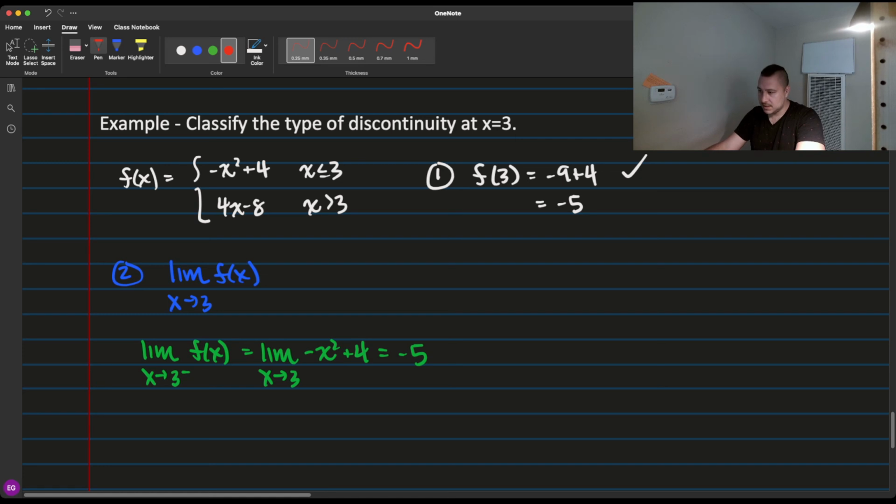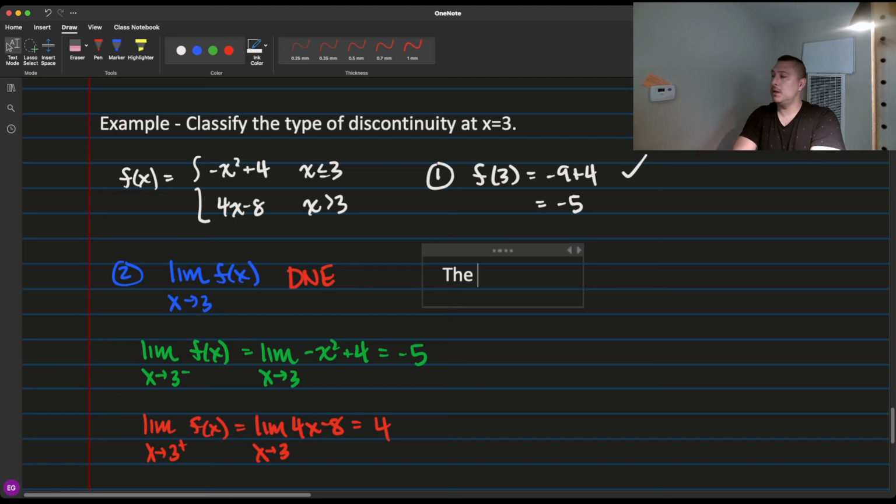You have to check to see if the limit as x approaches 3 from the right, so hopefully you remember doing this. Well, that's the same thing as doing the limit as x approaches 3 of 4x minus 8. You get 12 minus 8 is 4. These two are not equal to each other, so the limit does not exist.